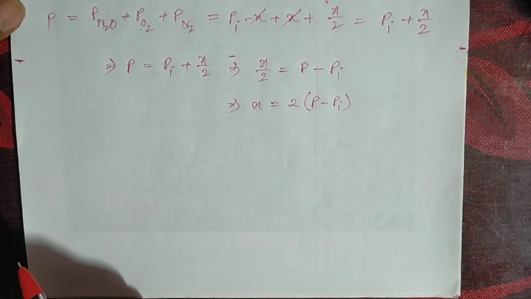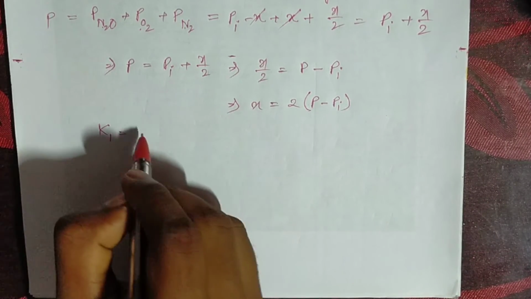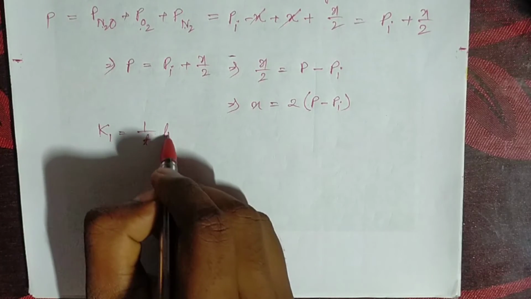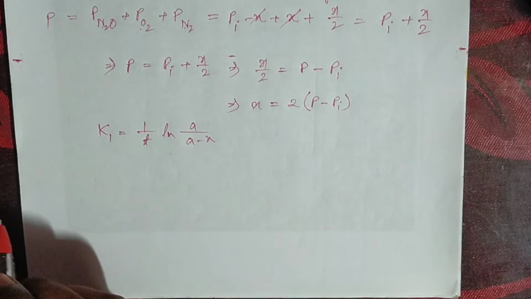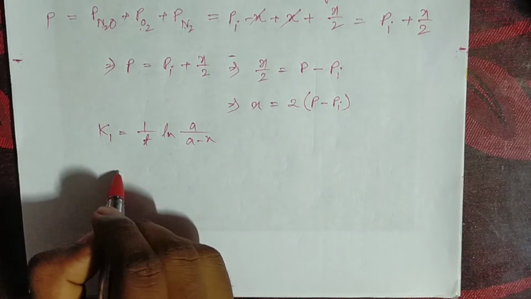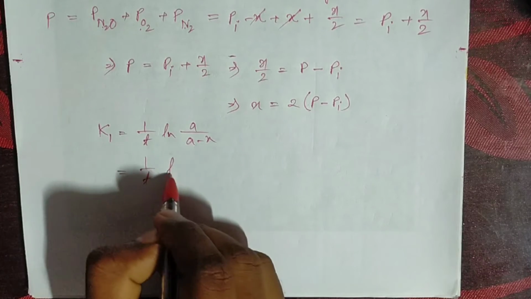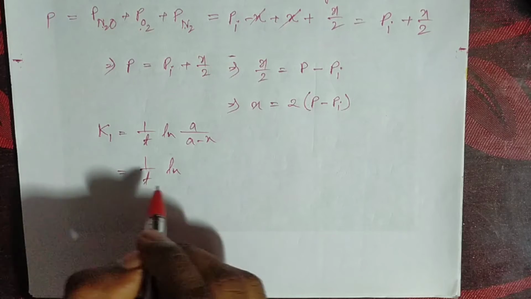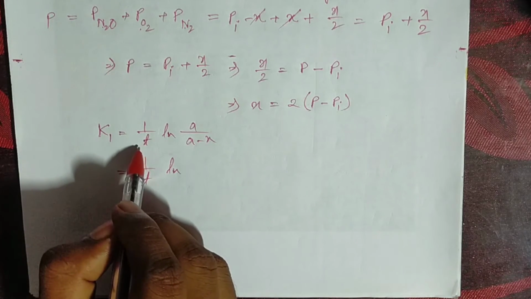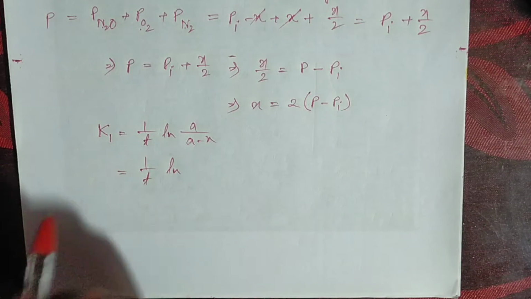So from the general equation of a first order reaction, we know that K1 is equal to 1 by T ln A by A minus X. We are going to evaluate the rate in terms of time.